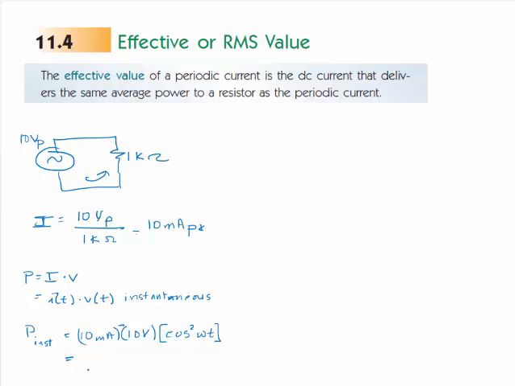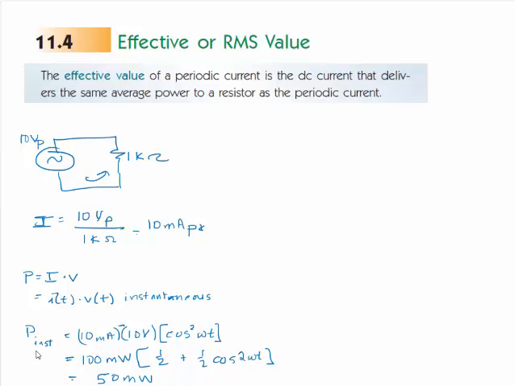You end up, using the trig identity cosine A times cosine B equals 1/2 cosine A plus B plus 1/2 cosine A minus B, applying that, with 100 milliwatts times 1/2 plus 1/2 cosine 2 omega t. And so we get this power dissipated in the resistor of being 50 milliwatts.